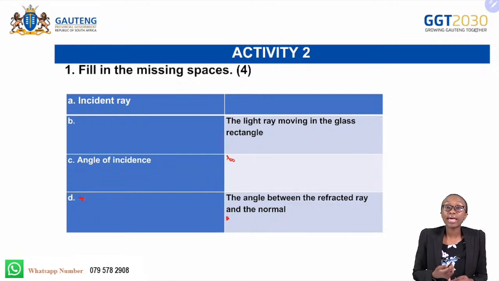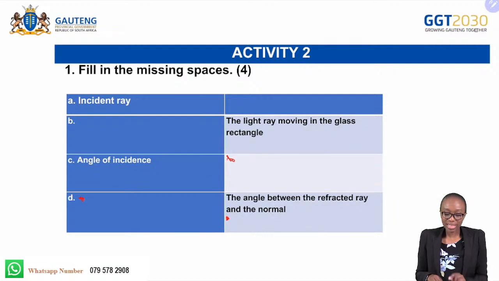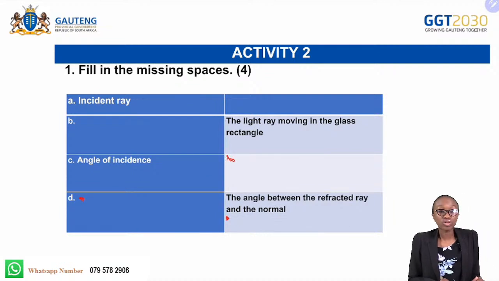If there's a term, you need to write a description or the definition of that term, and if there is a description, you need to fill in the appropriate term. So you need to fill in the description for incidence ray, and for B, you need to fill in the term, and for C, you need to fill in the description or the definition, and for D, you need to fill in the term for that particular description. I'm going to give you 4 minutes to answer these questions.